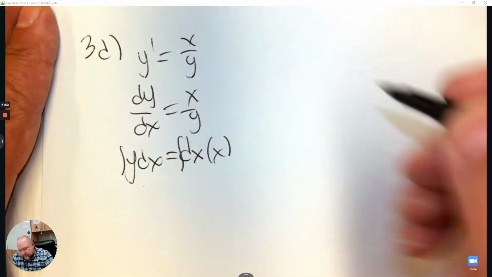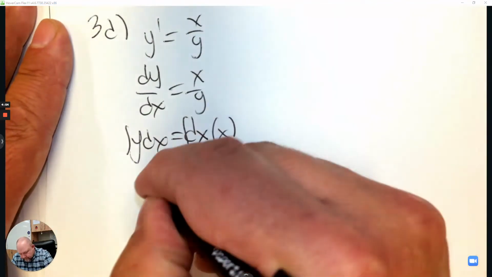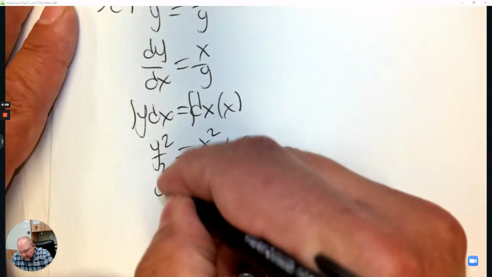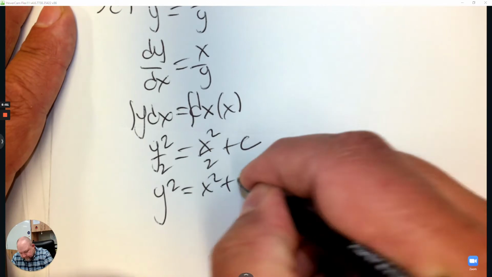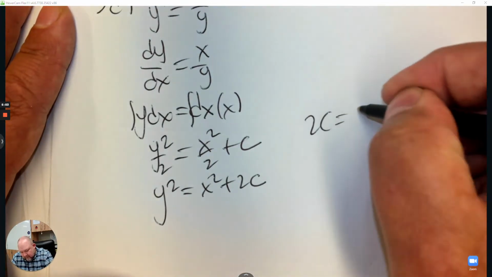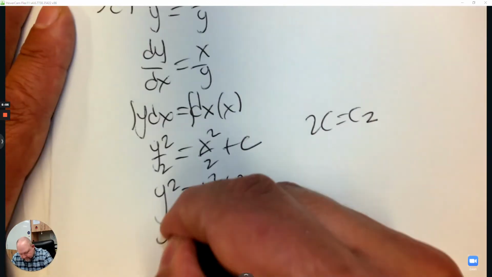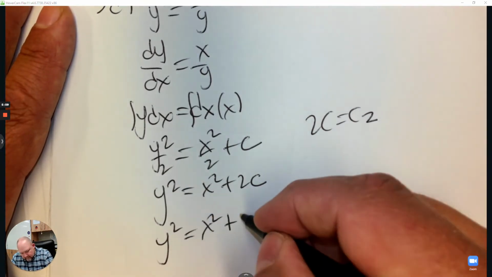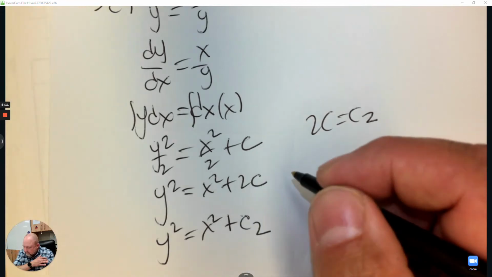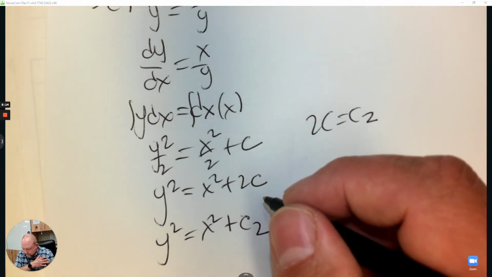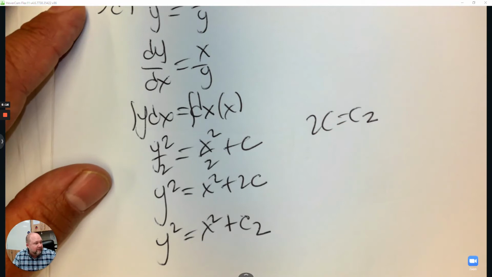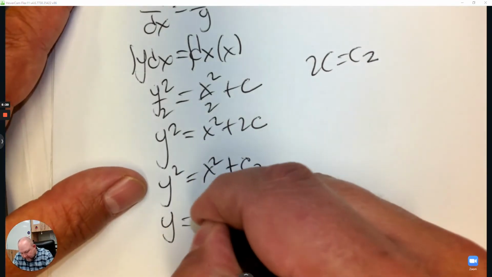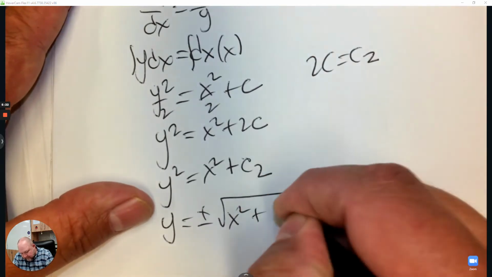And then I'm going to integrate both sides. I'm going to multiply by 2. I'm going to change this out to a simpler constant. And then if I solve it generically, it would just be positive and negative the square root of x squared plus a constant.